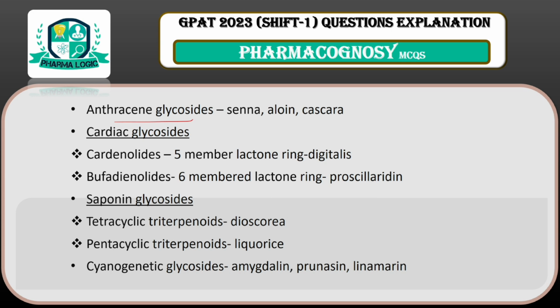Cardiac glycosides: if it has a 5-membered lactone ring, then it is called cardenolides. Example, digitalis. If it has a 6-membered lactone, then it is called bufadienolides. Example, scillaren. Saponin glycosides: if tetracyclic, example, Dioscorea. Pentacyclic, that is licorice. Cyanogenetic glycosides, amygdalin, that is nothing but bitter almonds.